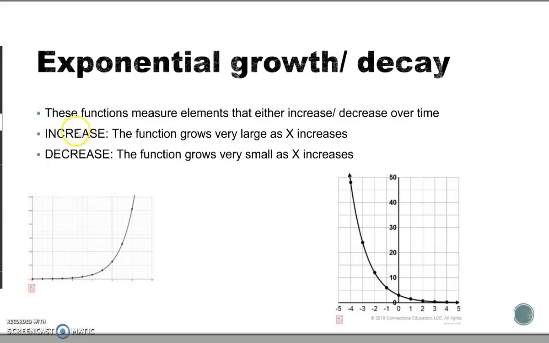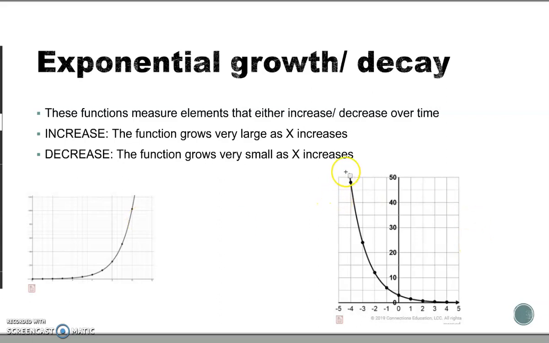So if it's an increasing or growth exponential function, as you're moving across the x-axis, as the x values get larger and larger, the y values increase as well, okay? That is an increase or a growth.